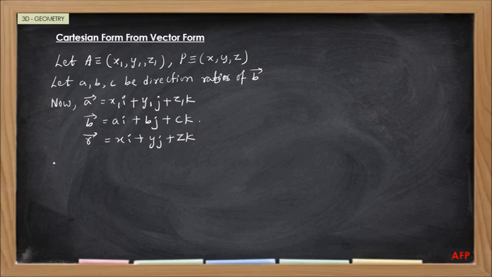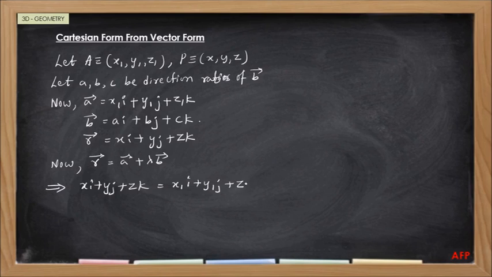Now from the vector form, vector r is equal to vector a plus lambda into vector b. We will substitute all these vectors in this equation. xi plus yj plus zk is equal to x1 i, y1 j, z1 k, which is vector a, plus lambda into ai plus bj plus ck.